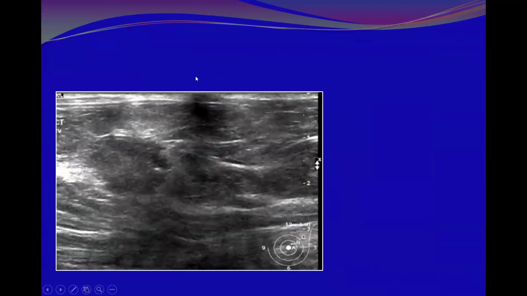And this is my patient's. Can you see these lesions having the same echogenicity as the surrounding fat? Very subtle, but there is some non-circumscribed margin or some distortion here. You see an echogenic ring.